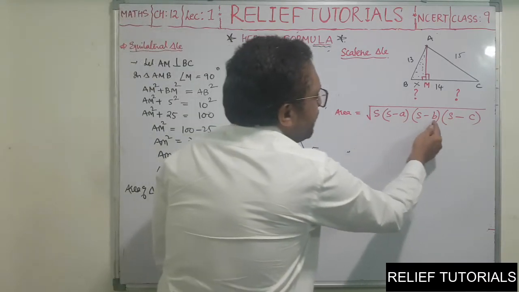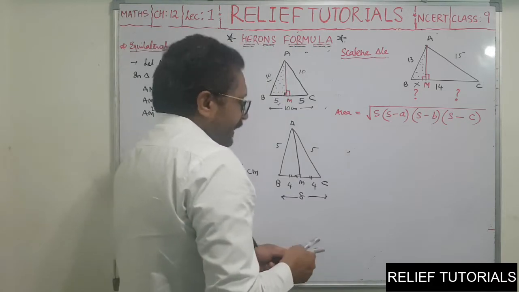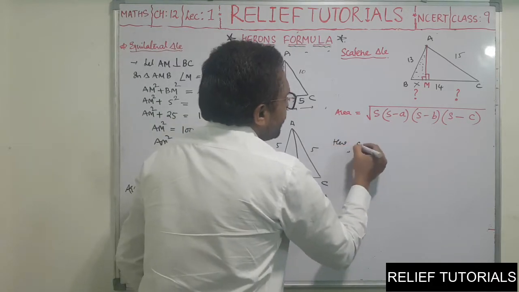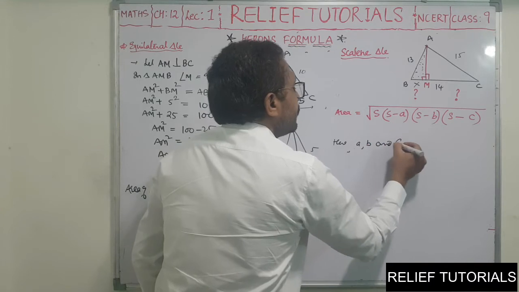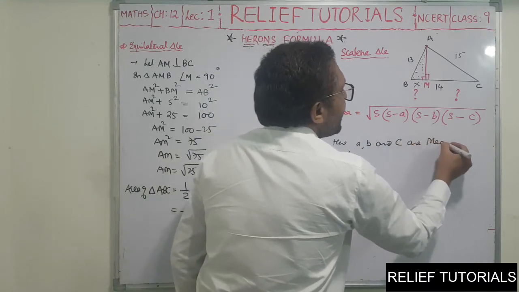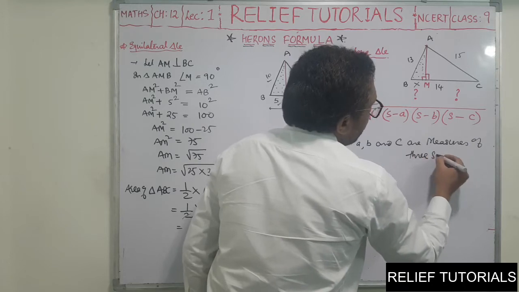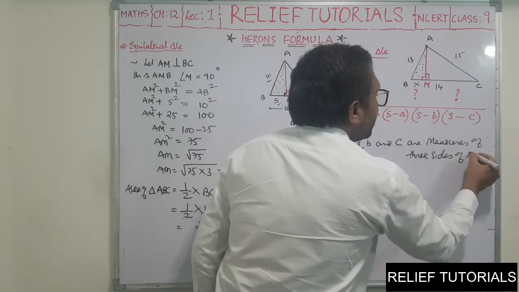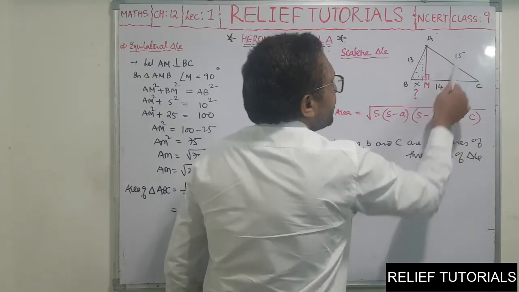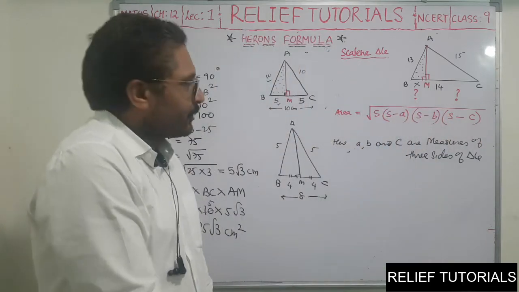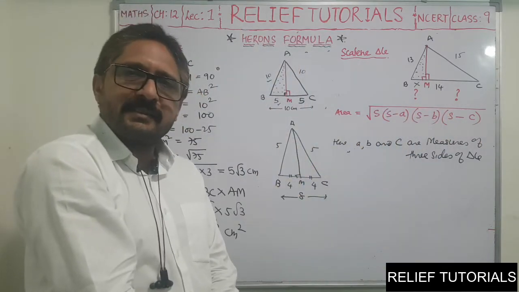What are these A, B, C? Here, A, B, C are measures of three sides of a triangle. See, 13, 15, 14. We have three sides, so A, B, C are measures of three sides.